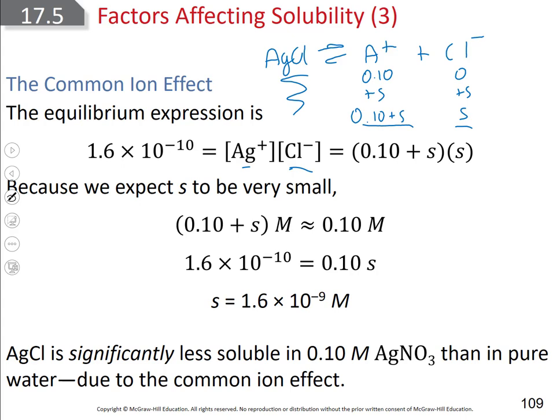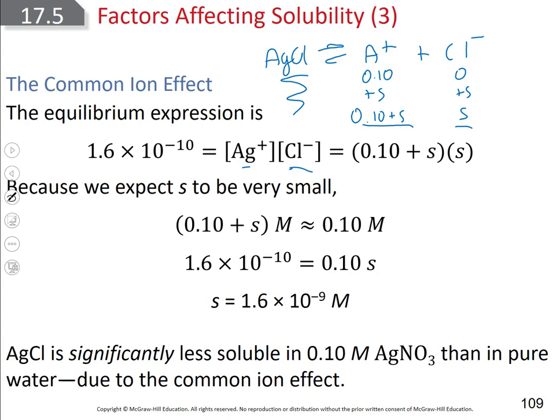So now at this point, we can plug it in, solve for S using KSP, which we got from the table. Issue is, of course, whenever we have a plus S, then we're going to be dealing with the quadratic equation. To avoid the quadratic equation, we usually made the assumption that X was small, which was a fair assumption as long as K was relatively small.